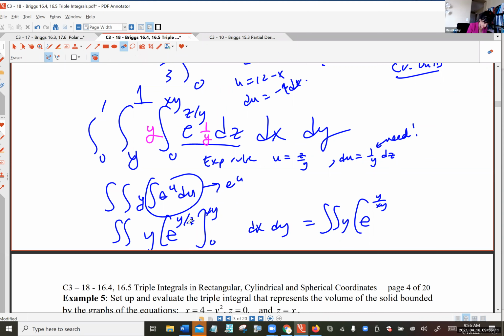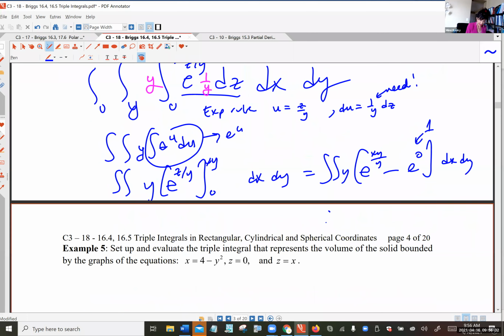Sorry, I put y over z. This should be z over y. My bad, I'm thinking backwards here. And then you're going to evaluate e to the z over y between the limits. This is z is xy over y. Okay, that's going to reduce. That's not too bad. And then e to the 0, that's going to be a 1.